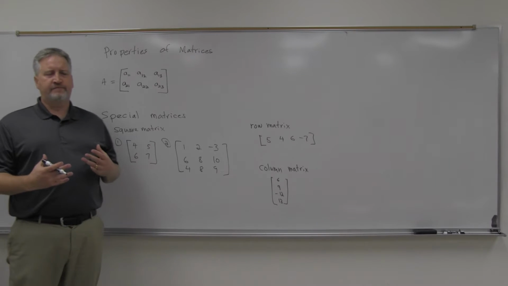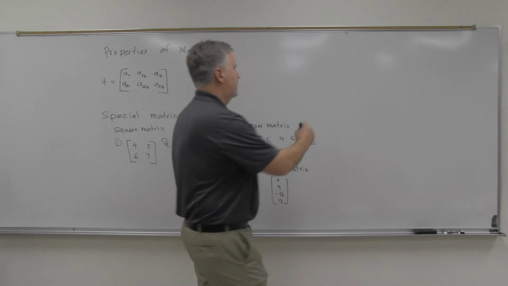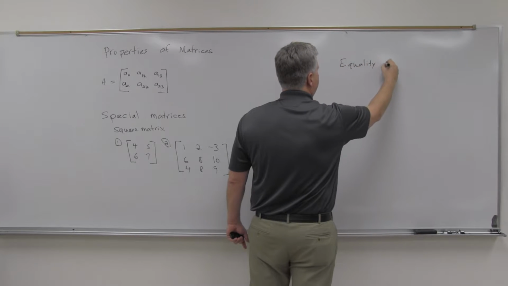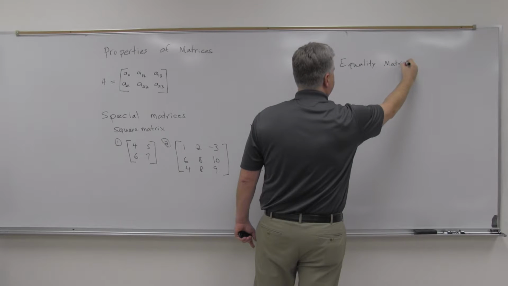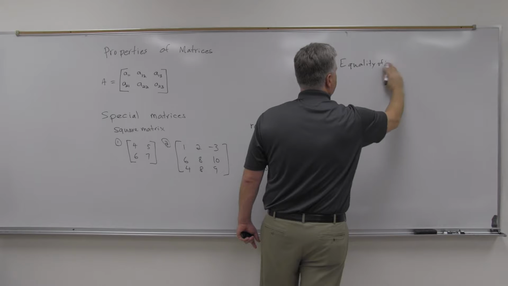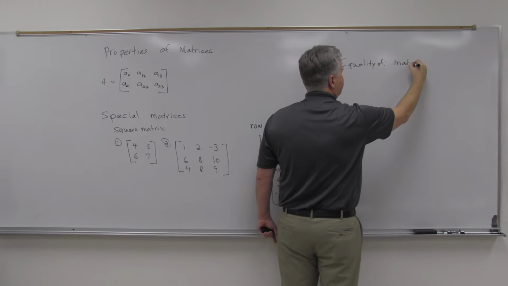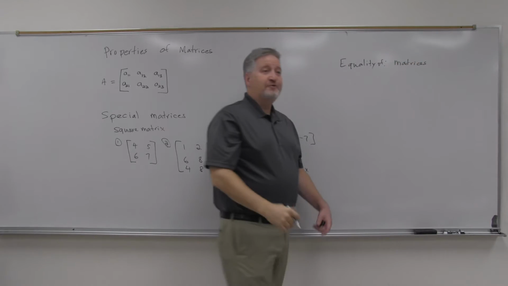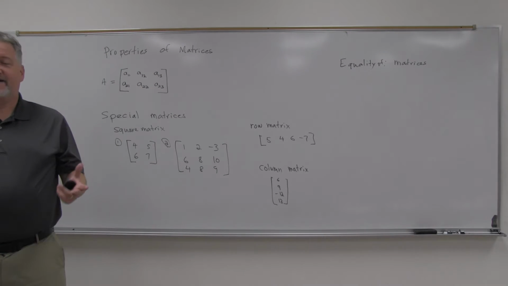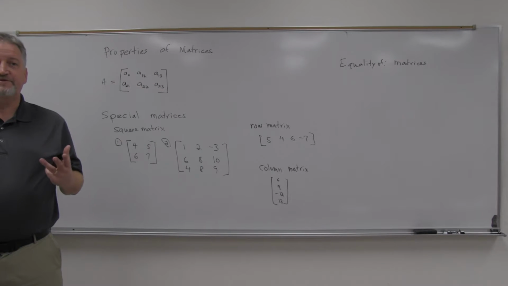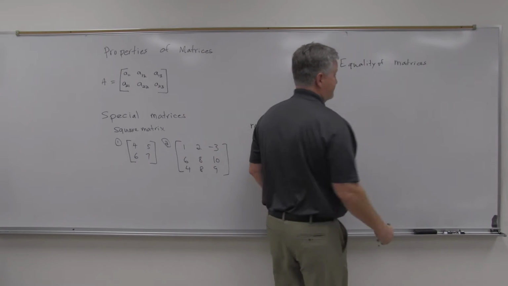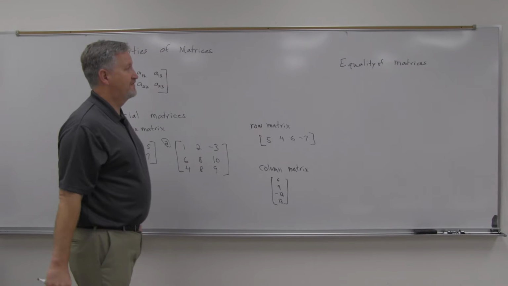And then the other thing that I wanted to mention was equality of matrices, and it's also fairly obvious. For two matrices to be equal, they have to have exactly the same entries. That's, like I said, fairly obvious.